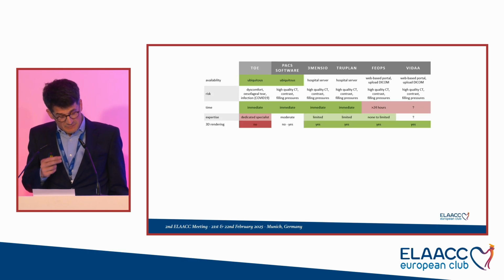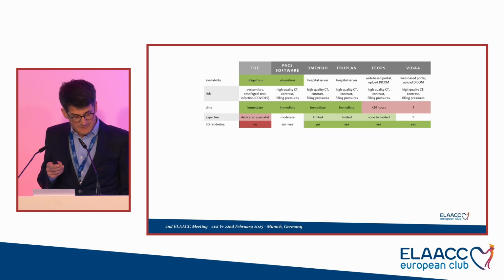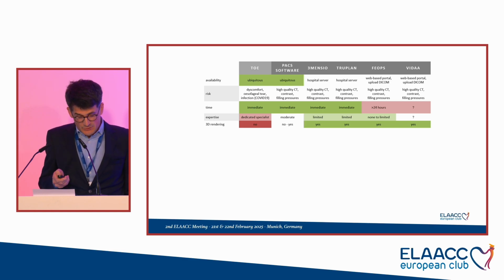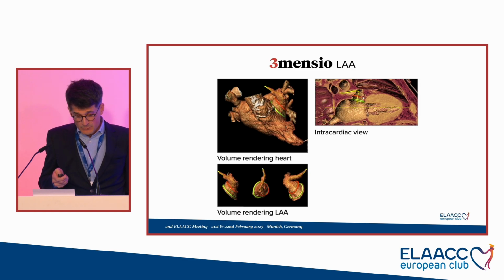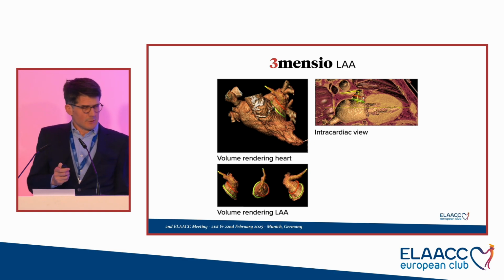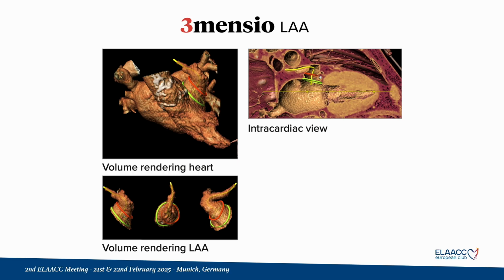What I truly believe is an interesting topic is the 3D rendering. You just, in one look at your image, you can definitely appreciate the morphology, the chicken wing, the cactus, the orientation, and there is no other software that will be able to predict you the 3D anatomy.